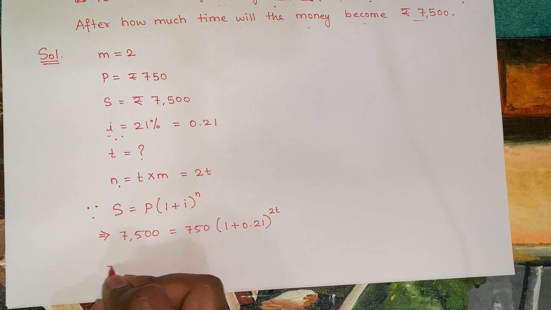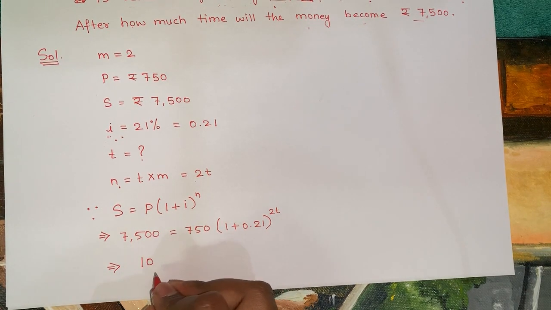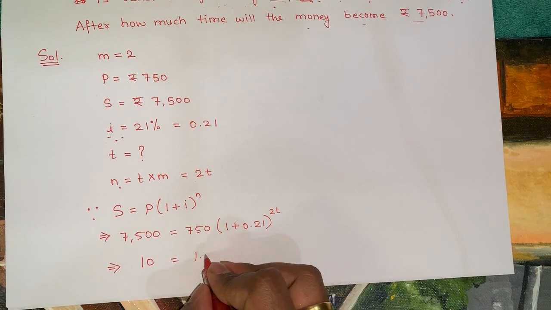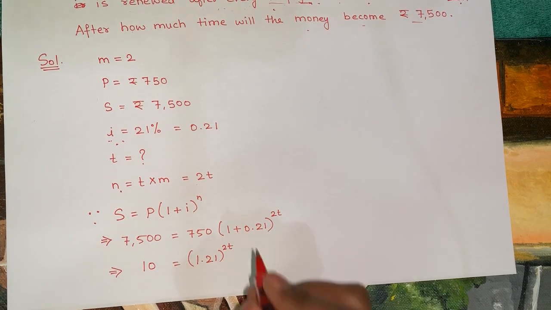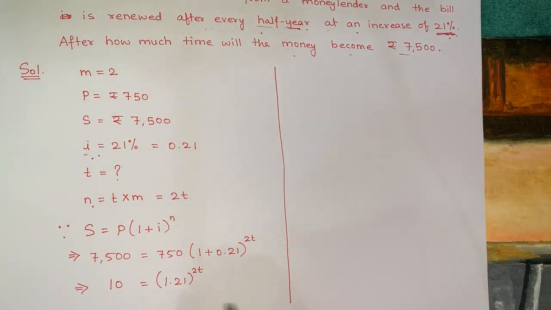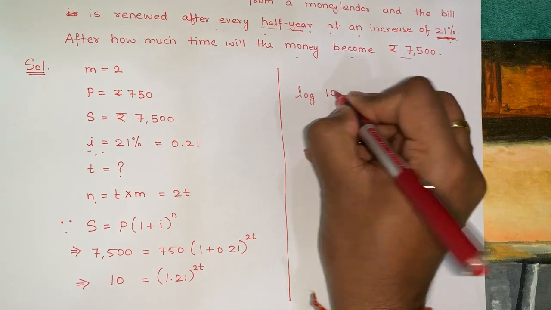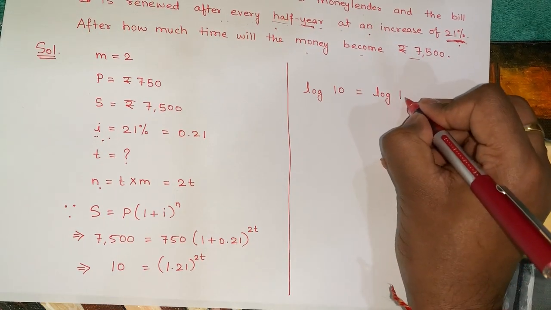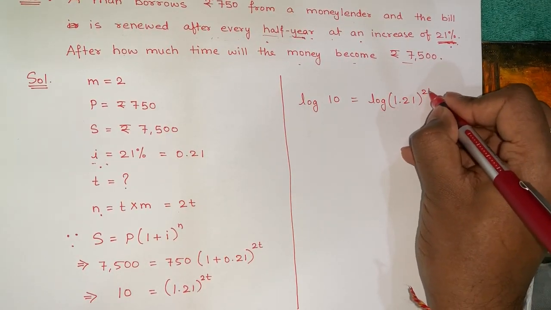So let's divide by 750 here. This becomes 7,500 divided by 750, which is equal to 10, equal to 1 plus 0.21, which is 1.21, to the power 2T. Now let's take log on both the sides. So this becomes log 10 is equal to log 1.21 to the power 2T.